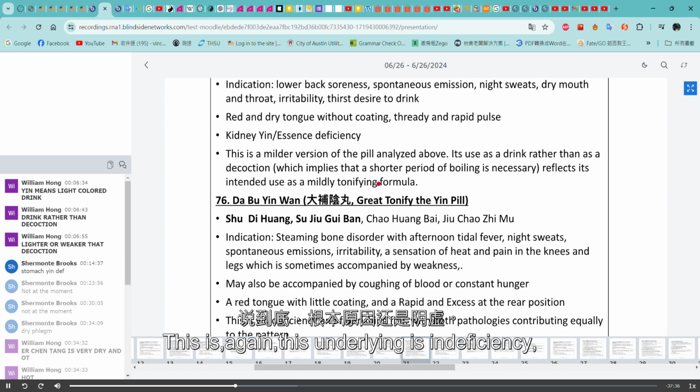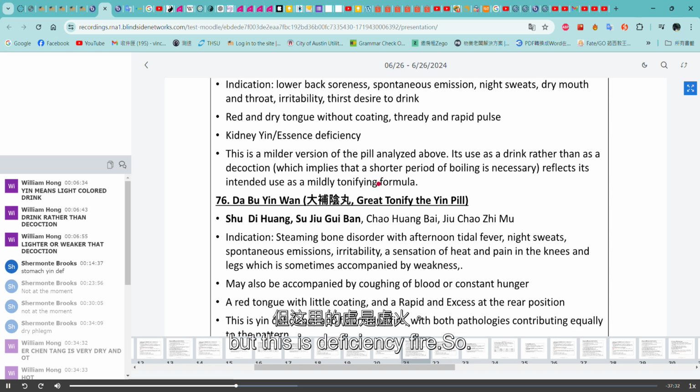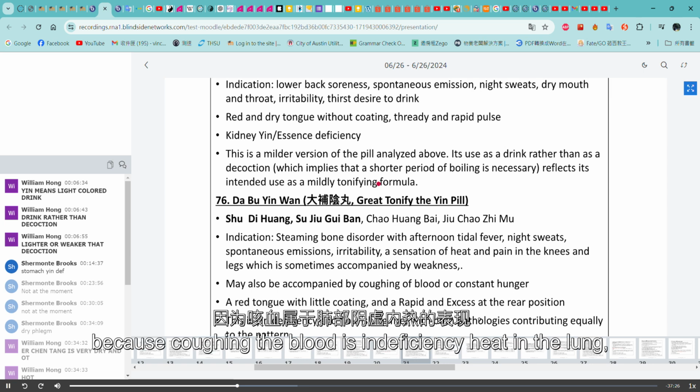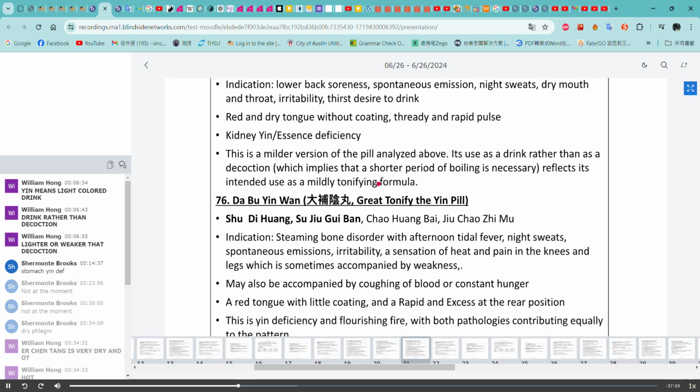This, again, the underlying is deficiency, but this is deficiency fire. So it can be used for diabetes, because coughing the blood is deficiency heat in the lung, right? And the constant hunger is stomach deficiency heat. So this is severe deficiency causing even bleeding.